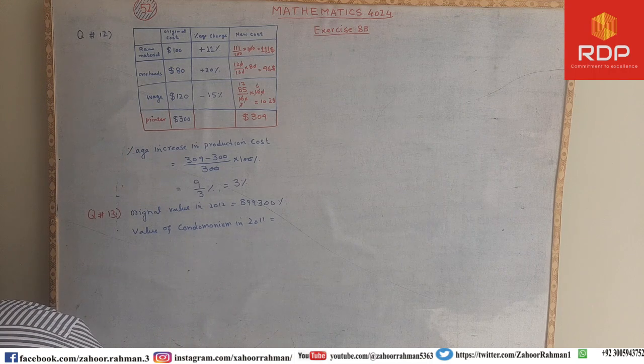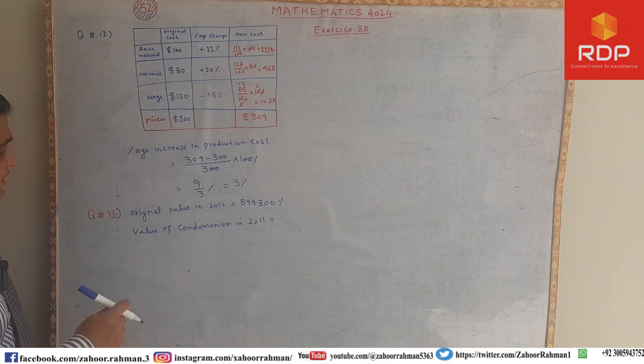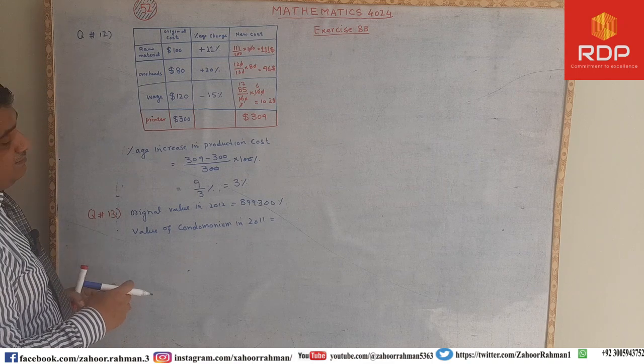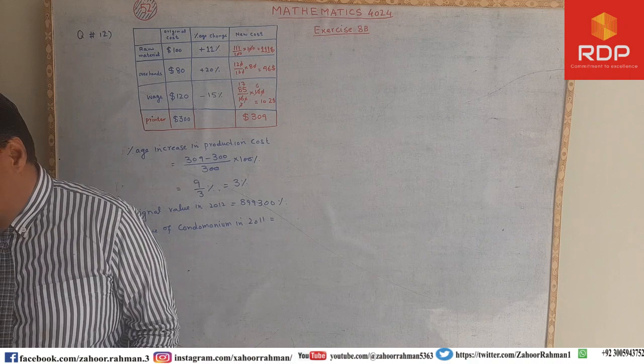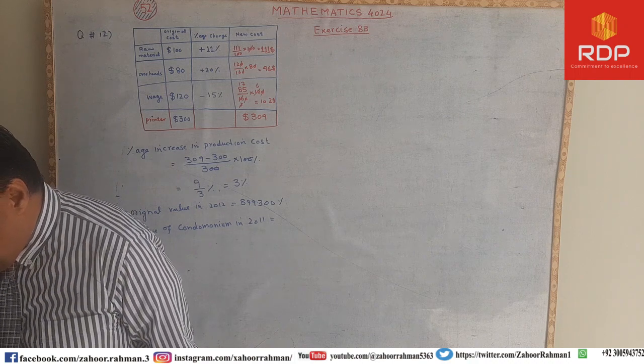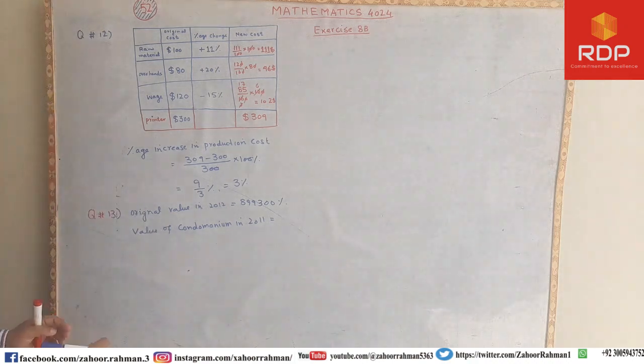So 15% means that we have to find 115% of the value in 2011.